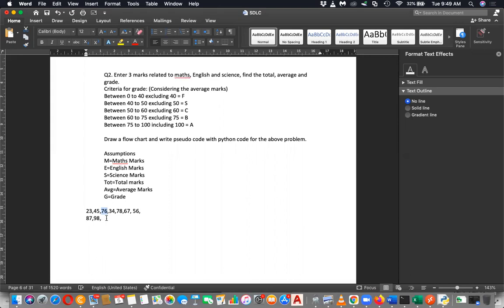After removing these, what remains are the marks below 75. So when you separate and give them grade A, the remaining will belong to B, C, S, and F. Understood?